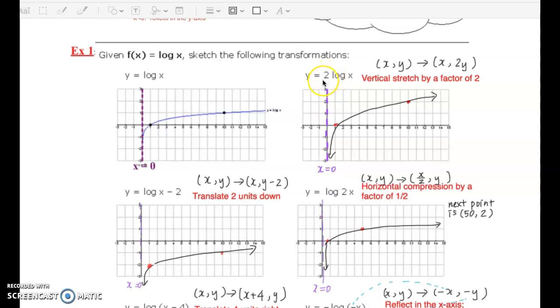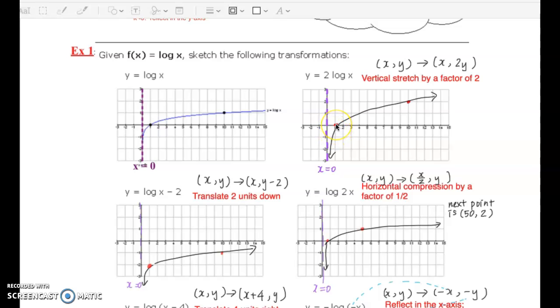Well, the 2 outside of log x tells me this is a vertical stretch by a factor of 2. So that means any point on the original function is now going to be double the distance away from the x-axis. But zeros will not be affected. The mapping rule of this can be written as (x, y) maps onto (x, 2y).